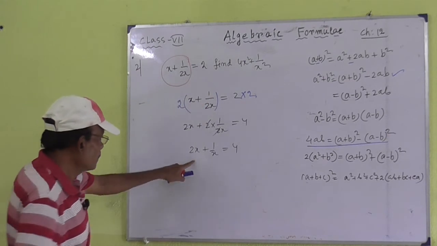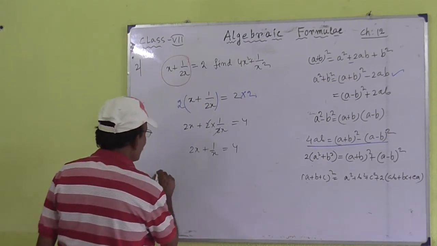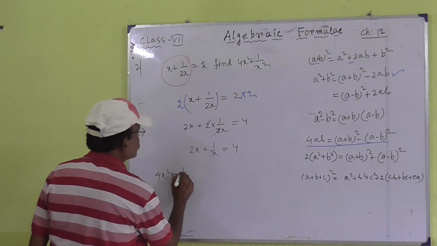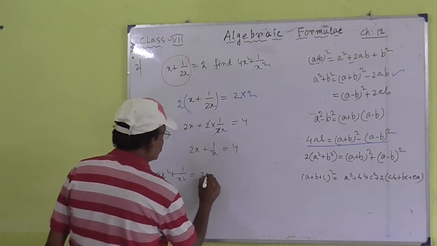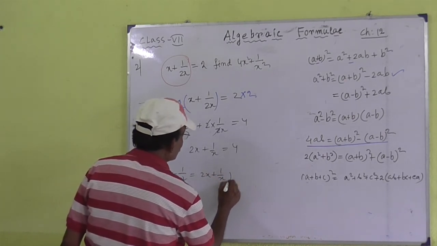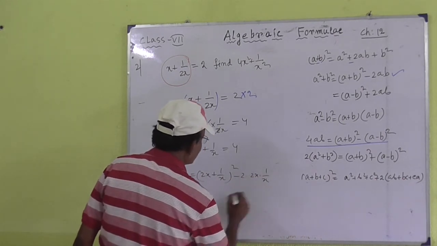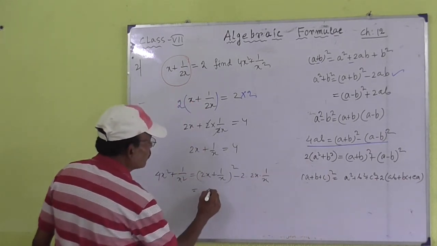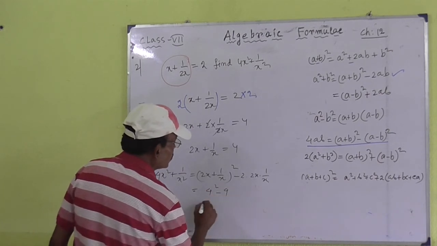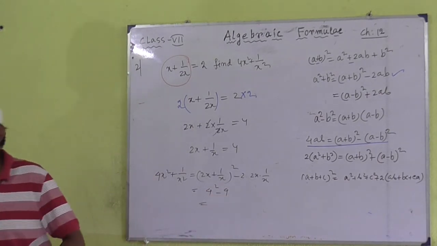So, 4x square plus 1 by x square equal to (2x plus 1 by x) whole square minus 2 into 2x into 1 by x. So, 4 square minus 4.